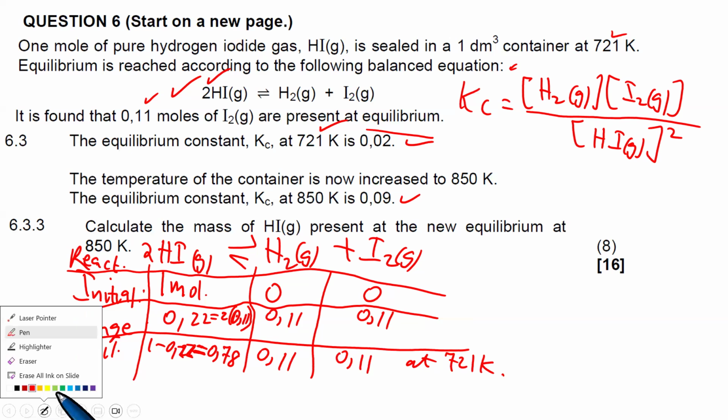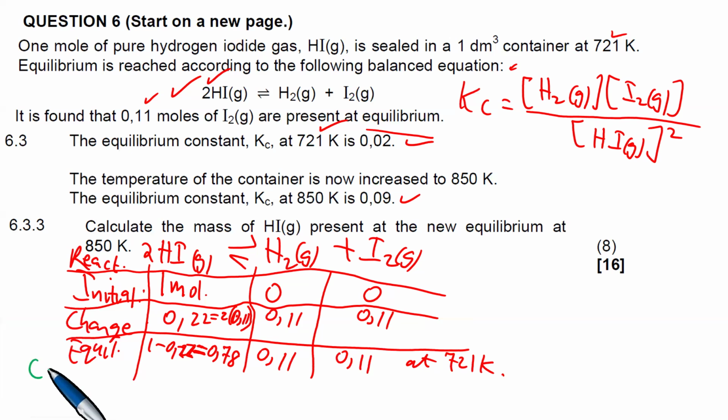I'm going to look at the concentrations here. Concentration is number of moles over volume, so you'd have 0.78 divided by 1, which is 0.78. 0.11 divided by 1 is 0.11. These are concentrations, all of them.